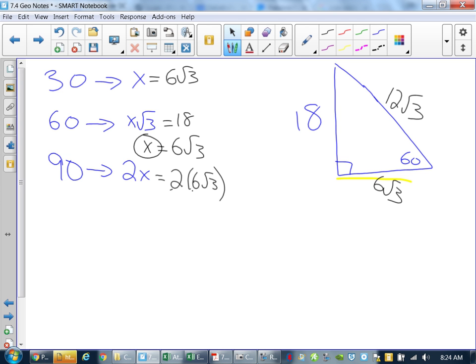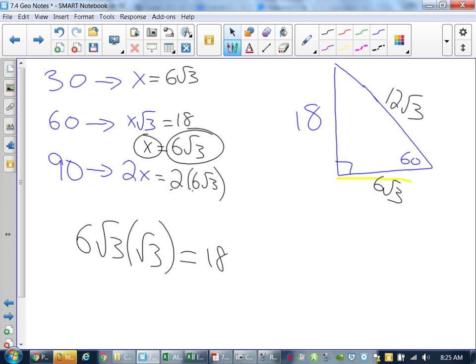Now here's the thing. If the value of x is 6 root 3, and I multiply that by the square root of 3, what's the square root of 3 times the square root of 3? 3. So what's 6 times 3? 18. That's why it's equal to 18. It's given to you already. You're figuring out that value of x and working your way backwards.